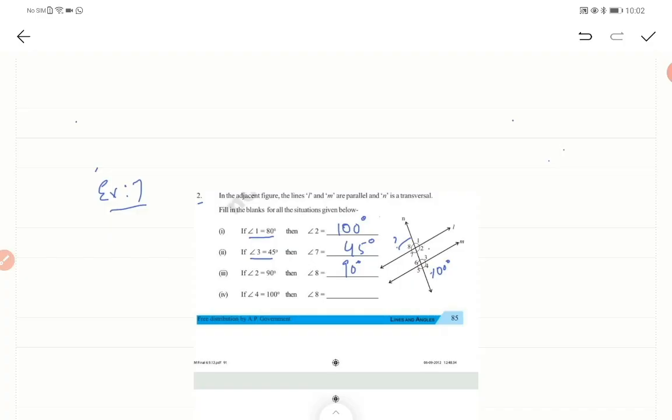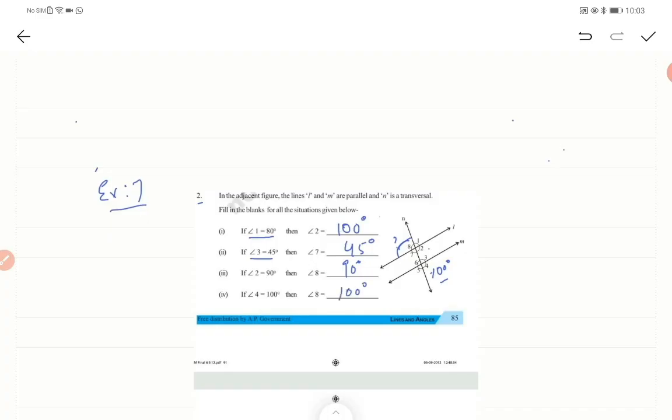First of all, tell me what these angles, angle 8 and angle 4, are. They are alternate angles. Corresponding angles are angles which are on the same side of the transversal. Since these are alternate angles for the parallel lines, they are equal, so obviously here it will be 100 degrees.